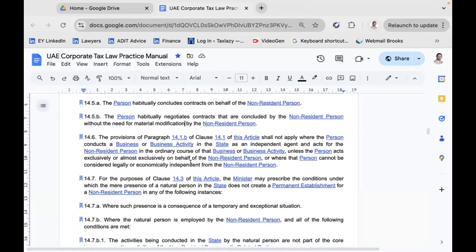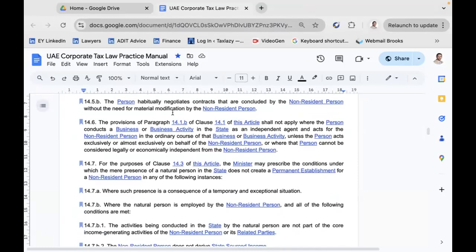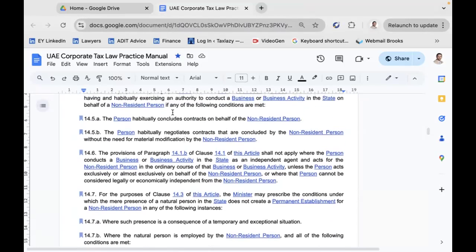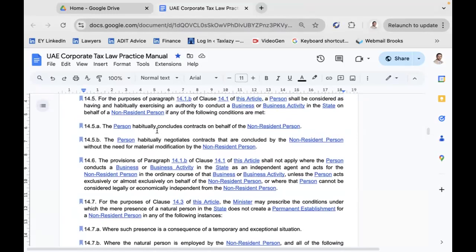Okay, what else is there? So that was the example of a kind of dependent agent. This is the example of a dependent agent usually operating. You can construe this example on UAE, that some person from USA or Pakistan or China, may be a director or a shareholder or even any other person who is on the payroll of that company located in India or Pakistan or China or wherever, comes to UAE and starts doing business.